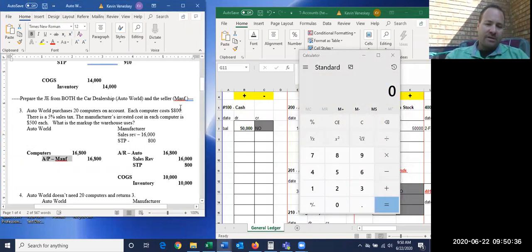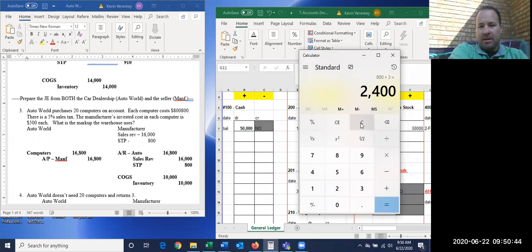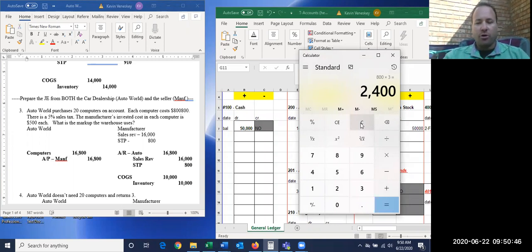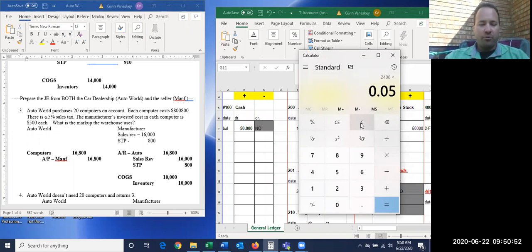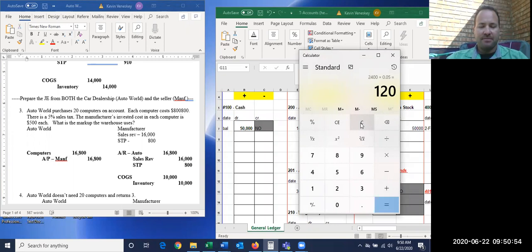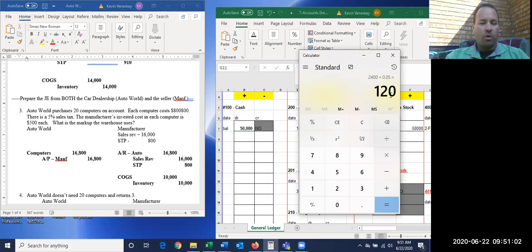So what I want to do is say, okay, it costs $800. And if I return 3 of them, base price, they're going to return to me $2,400. But then we need to tack on 5% more for sales tax. So they're going to return to me not only the $2,400 off of my bill, they're going to take an extra $120.